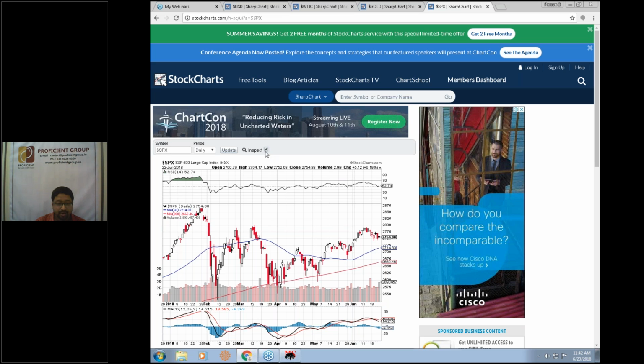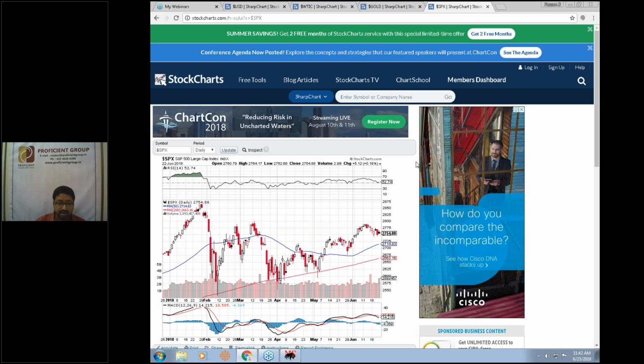So unless 2690 region is broken in SPX, that is in S&P 500, the large cap index of US market, the upward trend is likely to continue. 2800 is the nearest resistance, and we can see multi-month resistance area at that region.